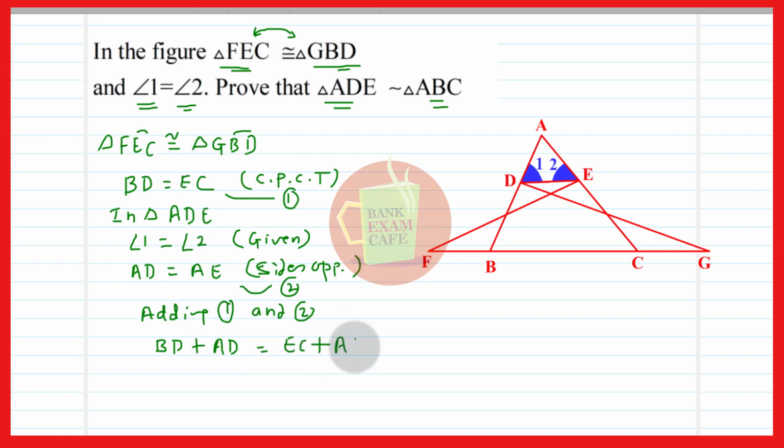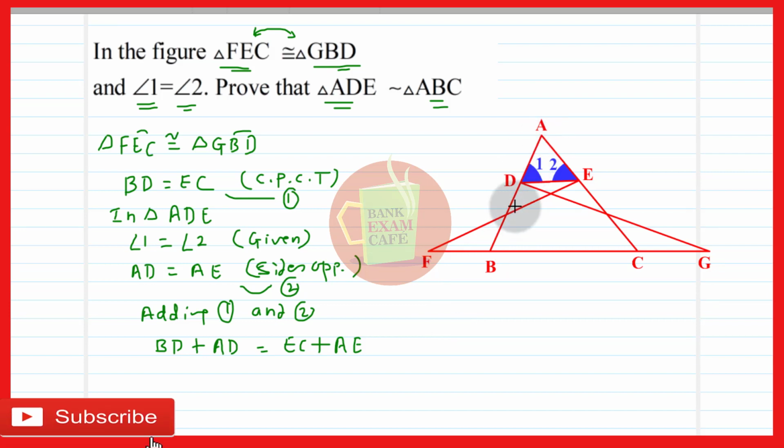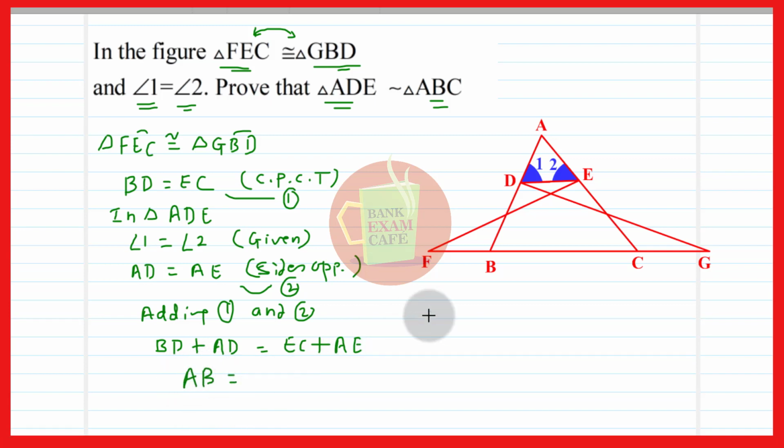EC plus AE will be equal to the total length AC. And so here we get AB is equal to AC. Let this be number 3.